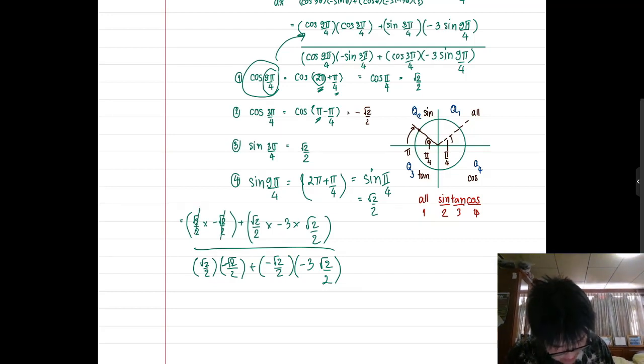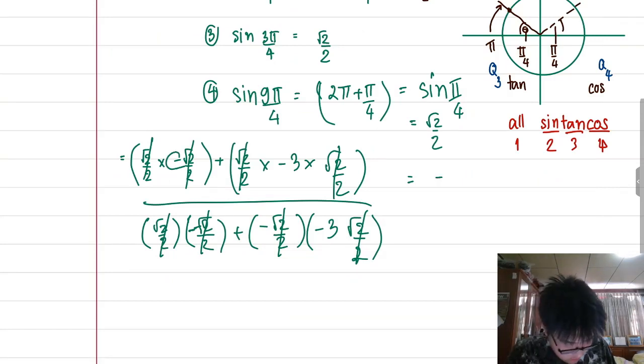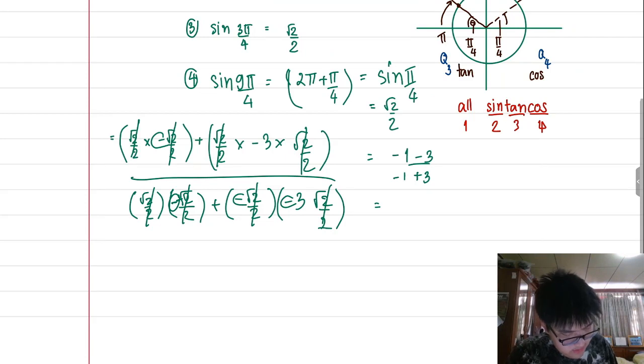It will leave only the coefficients here. This is minus 1, this one is negative 3, and this one is negative 1. Negative and negative will give a positive 3. Then it leaves negative 4, and the denominator is 2. We divide it and get negative 2.